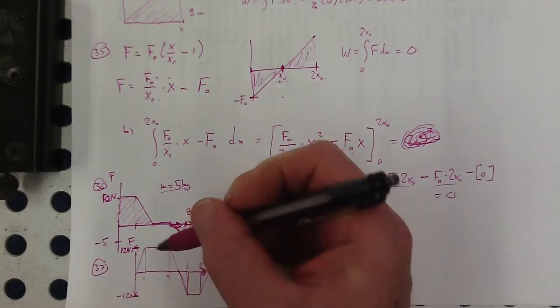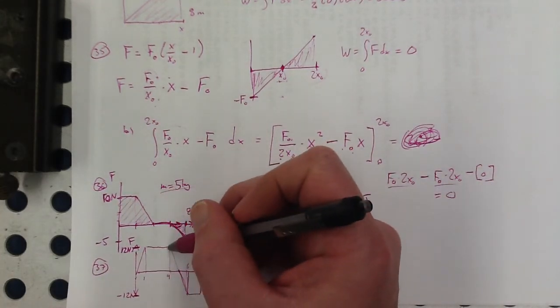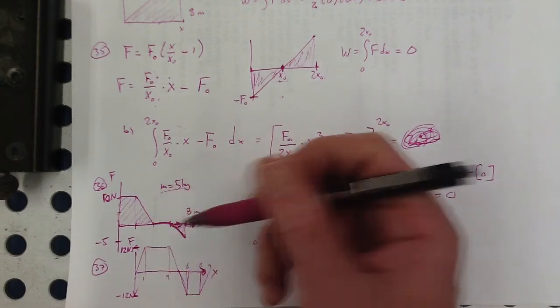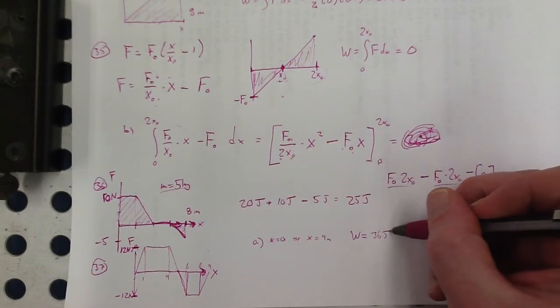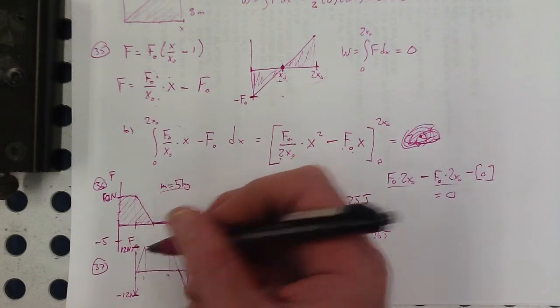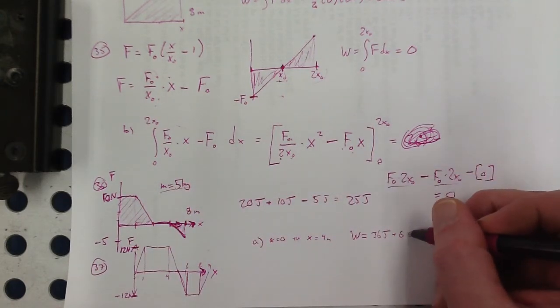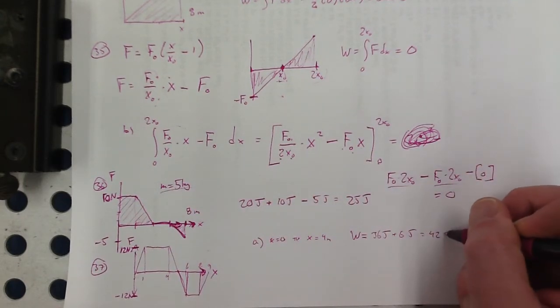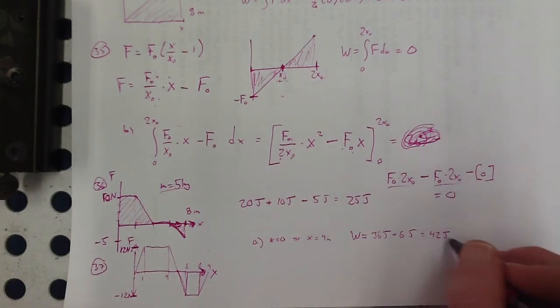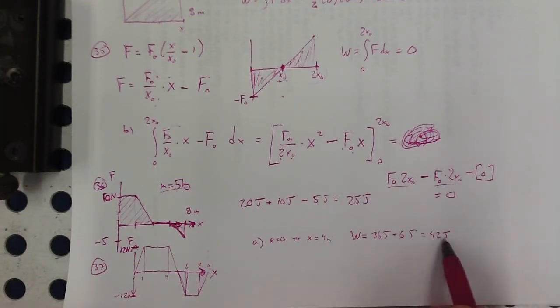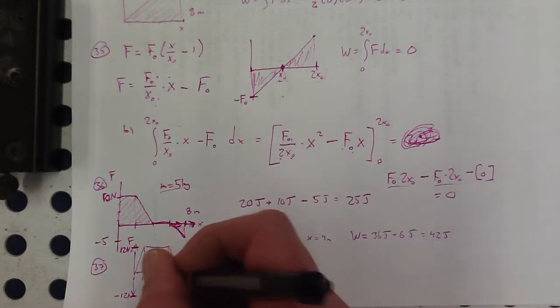0 to 4. Let's see. This is a 3 by 12. That's 36 joules for that rectangle, and then I've got a 1 by 12. So maybe that was the answer of the whole universe and everything from the Hitchhiker's Guide to the Galaxy. The answer was 42. Maybe this is the question.